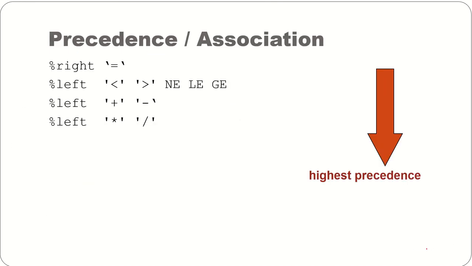You can specify precedence as well. Precedence is in the direction the arrow points. The operator which has the highest precedence will be listed lowest in this list, and this you need to give in the declaration part.